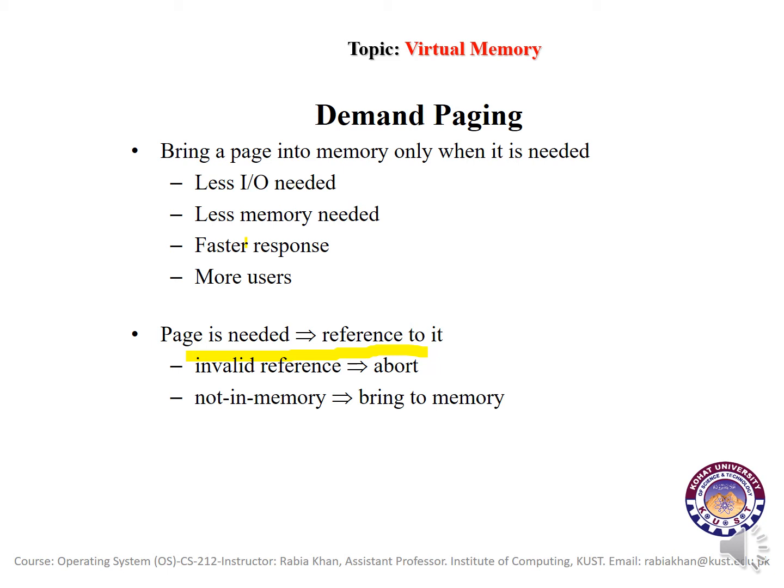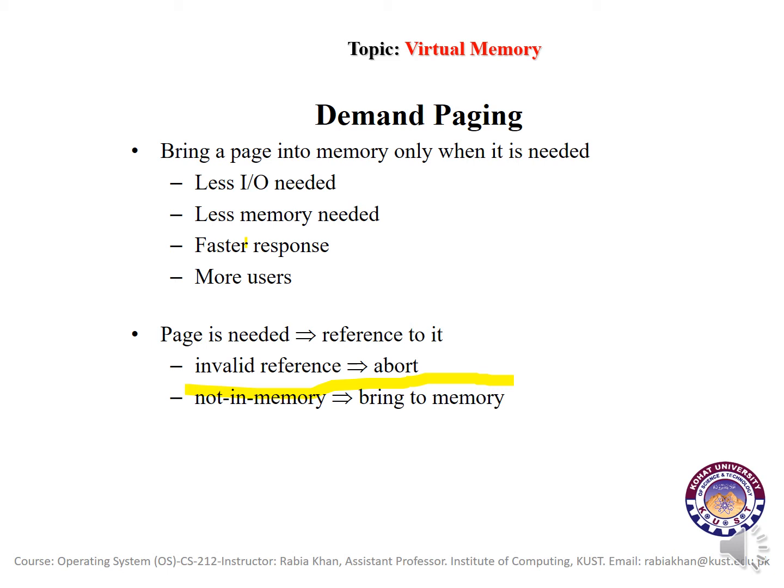While the second situation may be, as you can see, if the reference is valid, that means the page is not present in main memory and is located in logical memory.